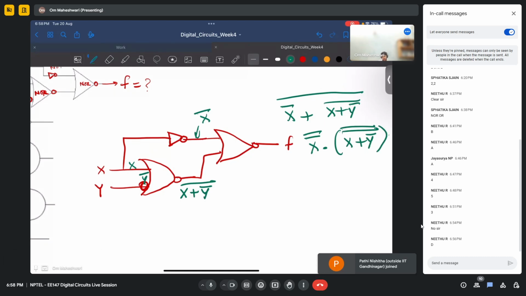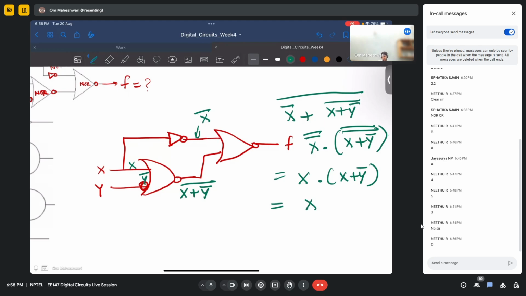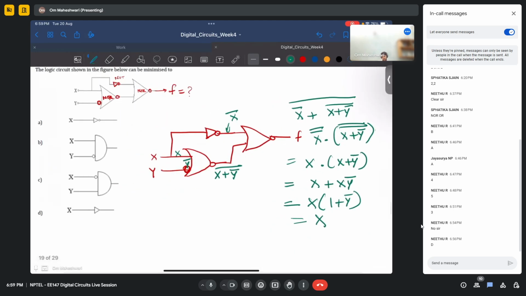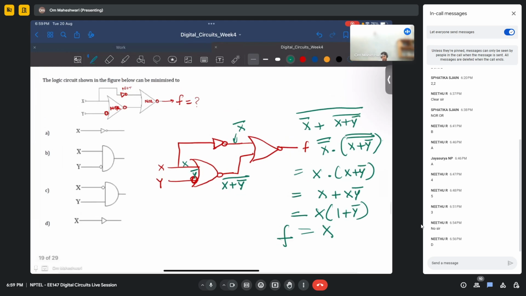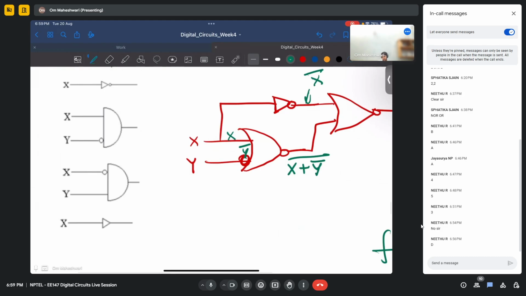So if I remove these bars, it is X dot X plus Y bar. And if I just multiply simply, X plus X Y bar, take X common, 1 plus Y bar is 1, so it is X. So your output F is nothing but X. So this can be replaced by just simply the buffer. This means nothing, no change.